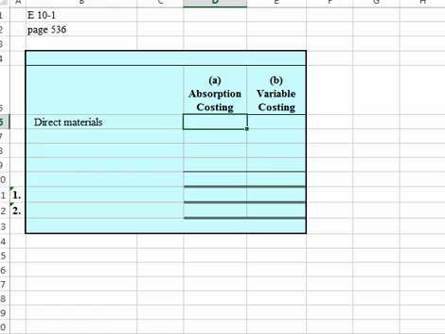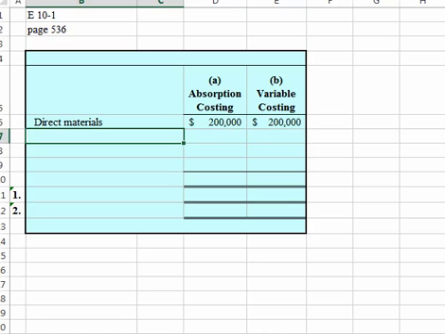And that amount's going to be the same both places. Okay, then they also had direct labor, which was $100,000.